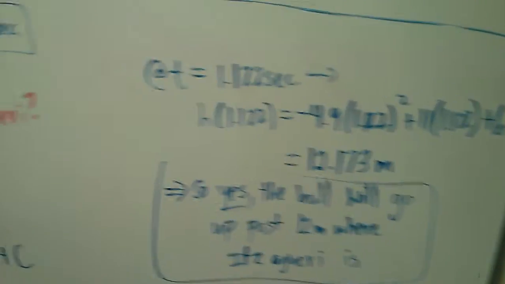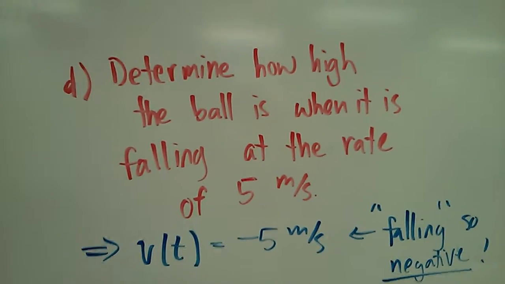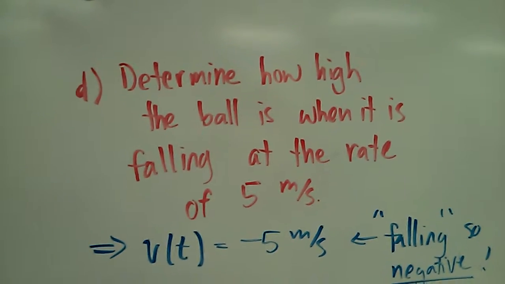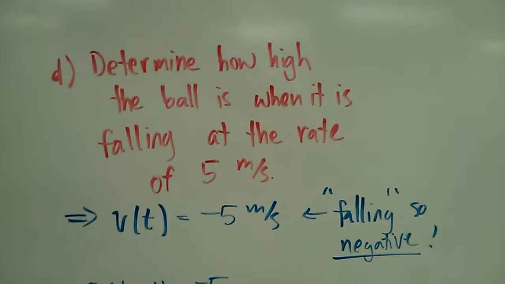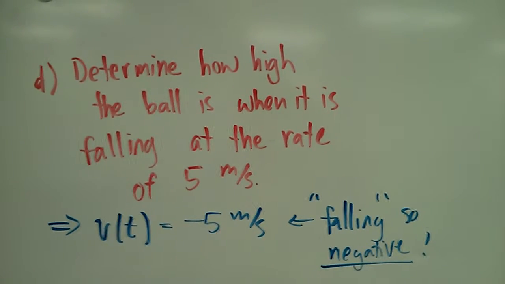All right, part D. Part D says, determine how high the ball is when it is falling at a rate of 5 meters per second. So assuming she doesn't catch the ball, it goes up in the air and then goes down, and we're looking for velocity equal to negative 5 meters per second.